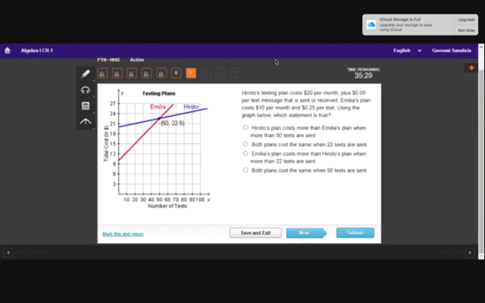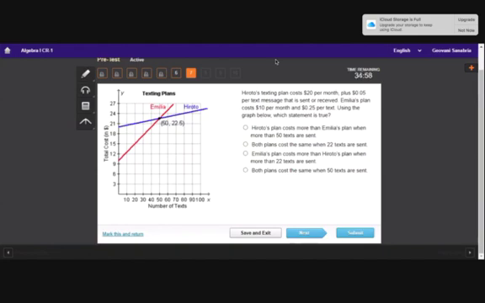All right, so it's not B. Let's look at that first one. What does that first one mean? Hiroto's plan costs more than Emilia's plan when more than 50 texts are sent. So the x-axis, that's number of texts. And for the x value, the x coordinate, when they cross, that's 50, right?